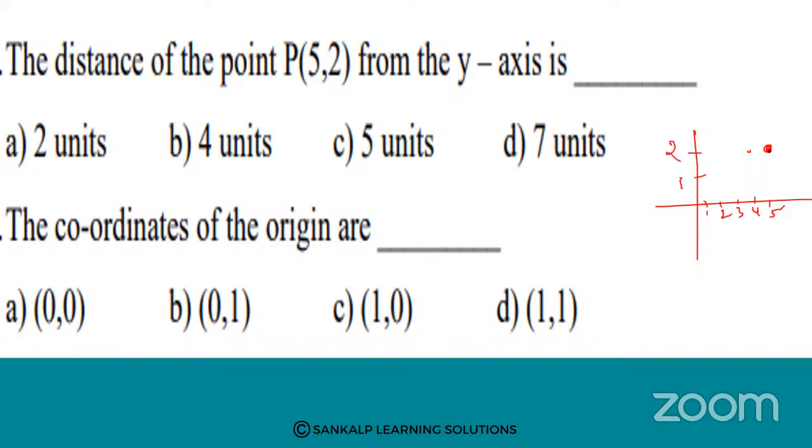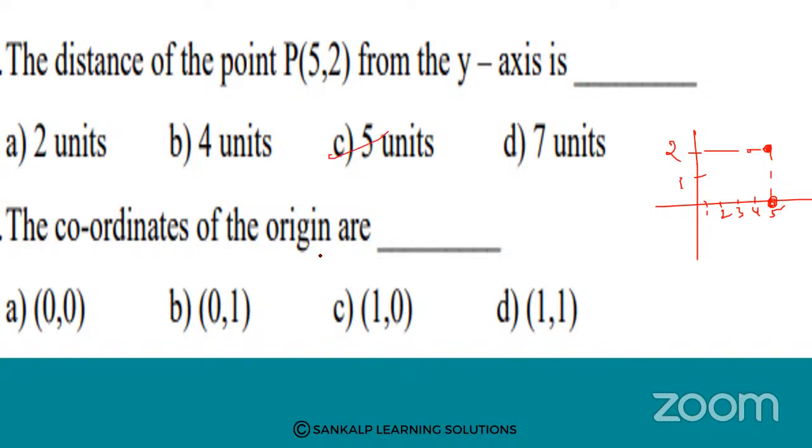Okay. Yes. Distance from y-axis means you are going to take this value, right? Y-axis means you get this length. So this value is 5. Therefore, distance of the point from y-axis is 5. Right?